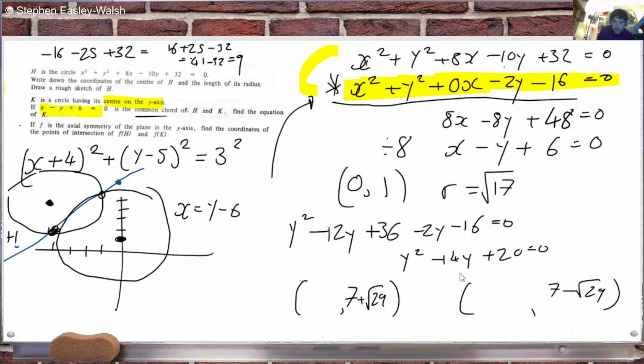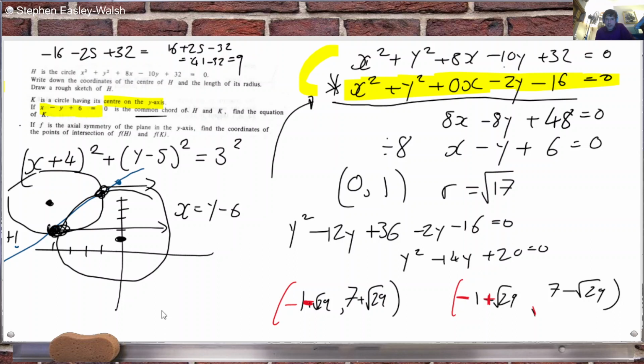And then x is y minus 6. So if you just subtract 6 from these, that's 1 plus root 29 and 1 minus root 29. But that's these 2 points here. And the F is axial symmetry in the y-axis, so it's going to move it over to the other side. So basically the x's get negated, they become negatives. So I think the answer is going to be minus and minus here, and then minus and plus here.